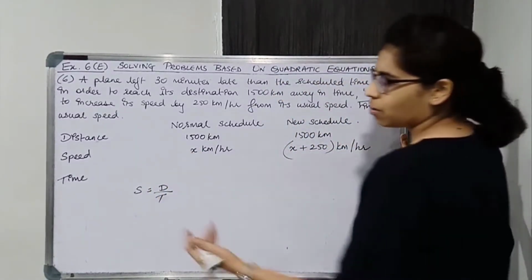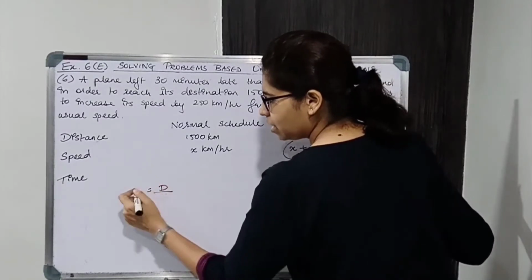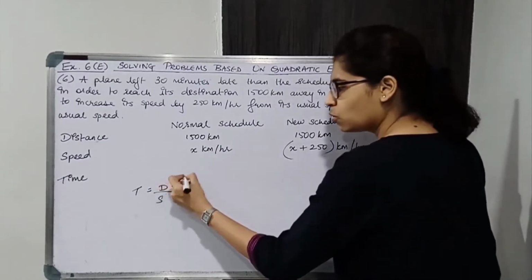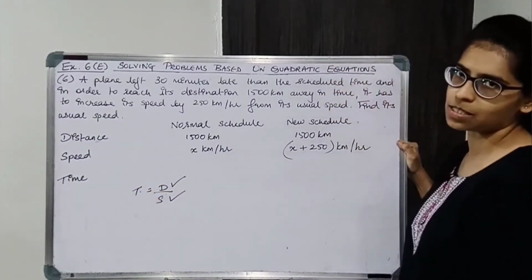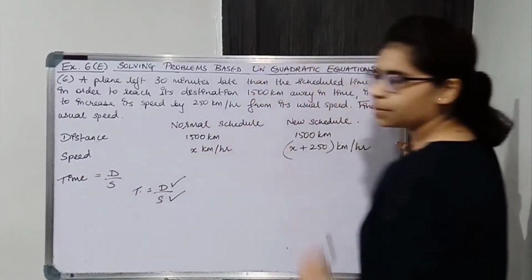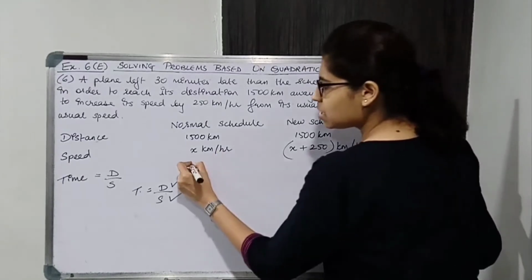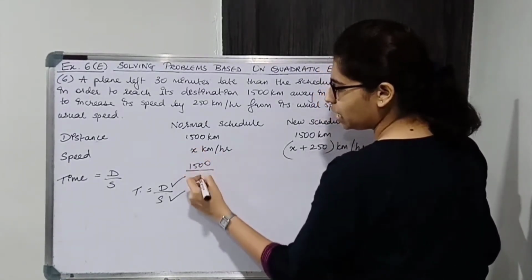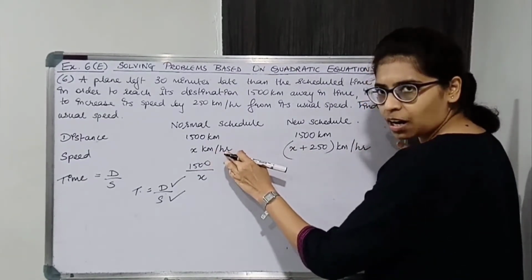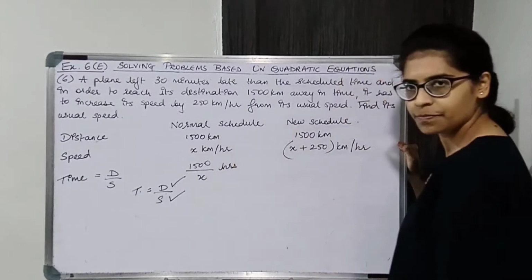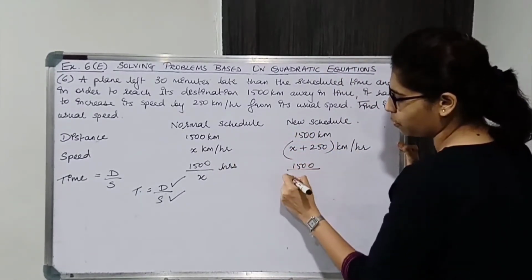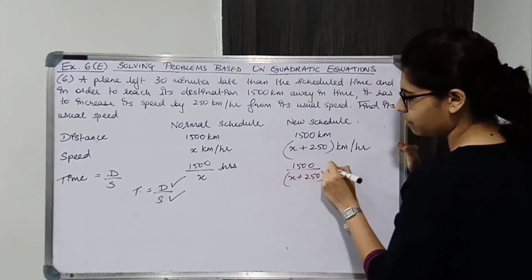So time will be distance upon speed. Distance is 1500, speed is x, and time will be in hours because speed is in kilometres per hour. Here also the same thing: 1500 upon x + 250 hours.